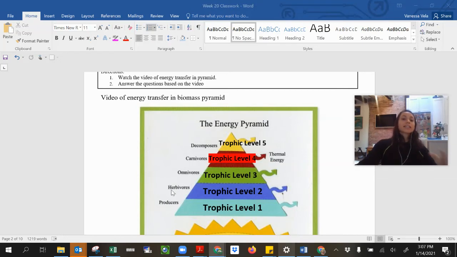The herbivores get that energy from the producers, but the energy slowly seeps out of this system because the organisms release energy as heat every single time. So if you think about us, say that you're exercising. You need a lot of food. You exercise for a long period of time.